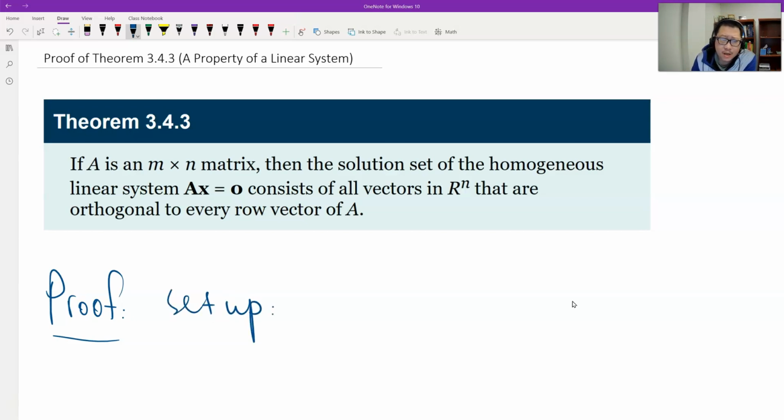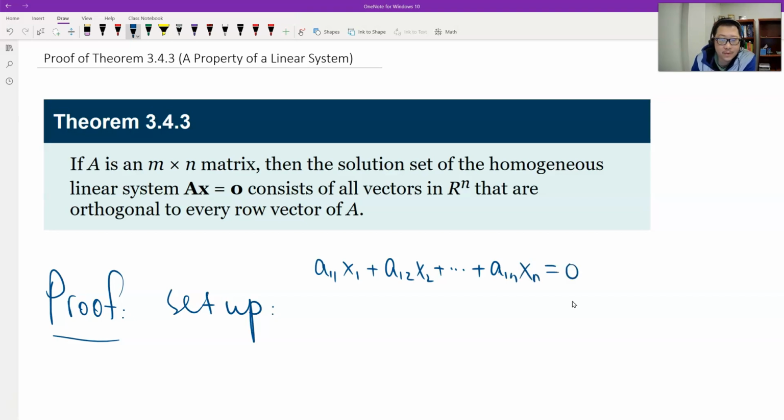Suppose matrix A, and we use Aij to describe it. Let me directly set up the linear system. The first equation should be A11 x1 plus A12 x2 plus ... plus A1n xn, with n unknowns, equals 0.